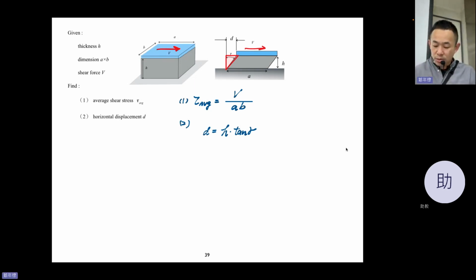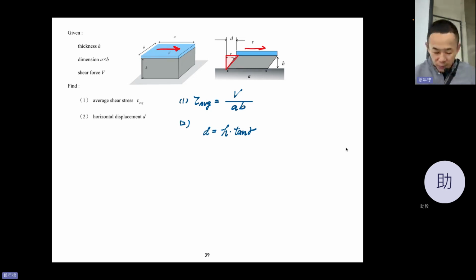Now you can imagine that, of course, typically, if you have a force from left to right, then this displacement is typically very, very small, infinitesimally small. So this is the answer.